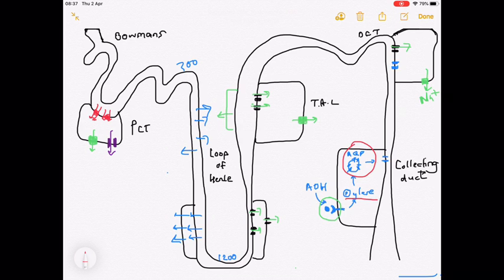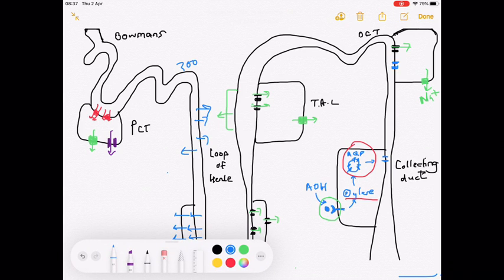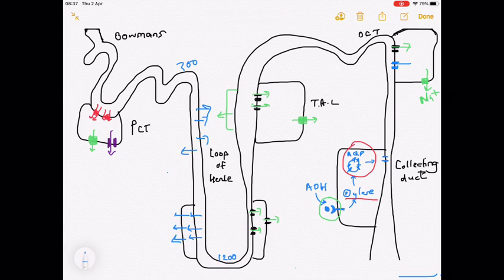and insert the aquaporin protein into the cell membrane of the epithelial cell so that it is open to the collecting duct. That means, of course, that water can be reabsorbed. And by putting more channels there, you can get more or less reabsorption.